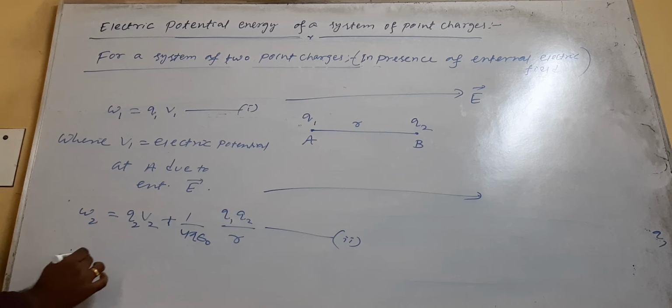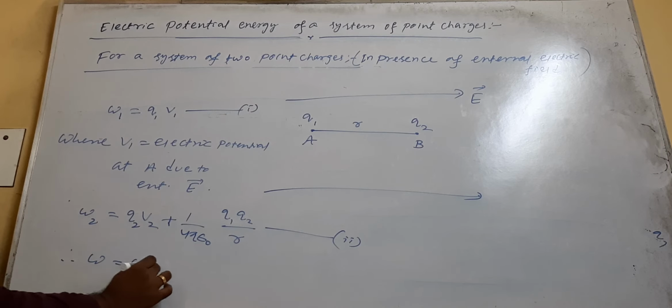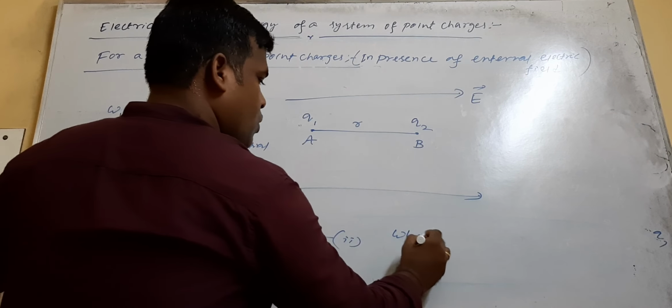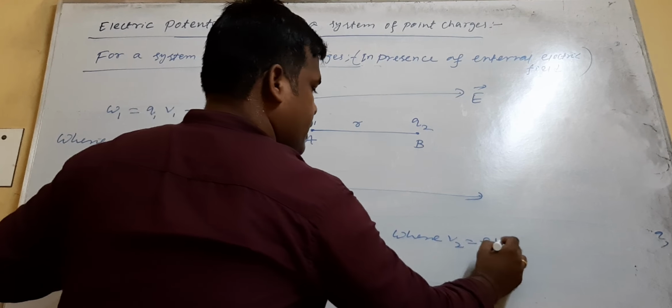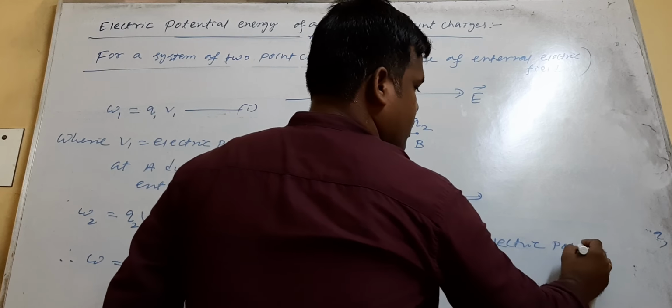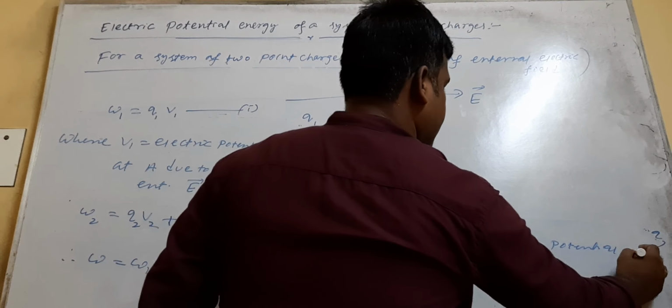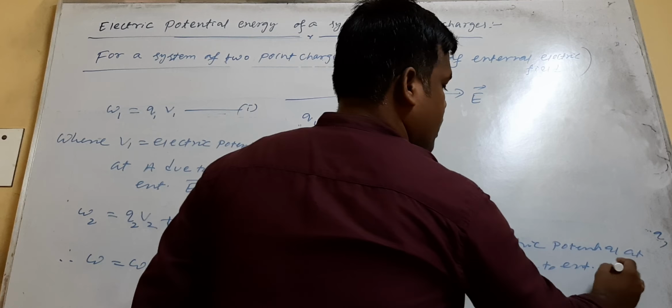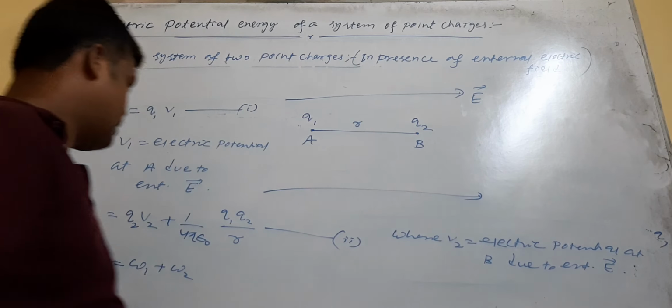Therefore, the net work done is W1 plus W2, and you remember V2 is the electric potential at B due to the external electric field.